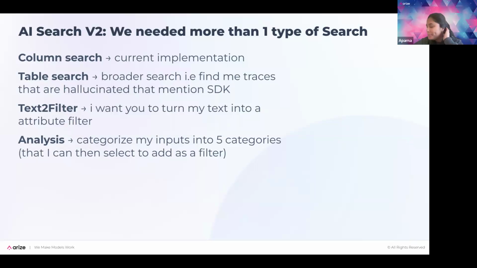I think the only thing is we wouldn't have been able to find this out if we hadn't dug through the production data. We were looking at the types of questions that people were asking, and we realized people were asking questions that required us to look across multiple columns. So that was a limitation. They wanted us to do some analysis.